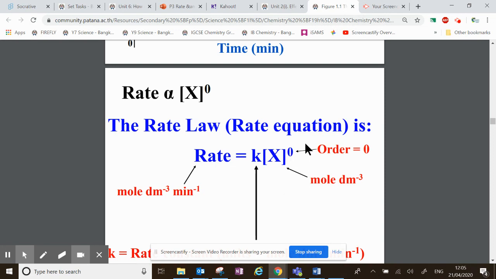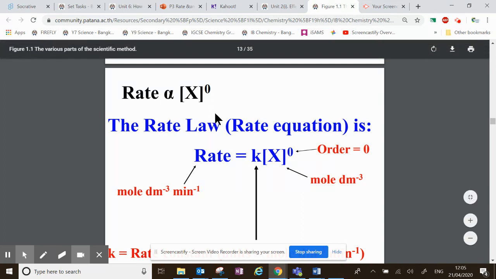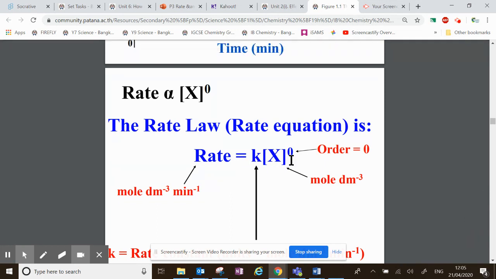In this case, rate is proportional to x to the power of 0. What does that mean? Well, if you take the numerical value of the concentration, whatever it is, raise it to the power of 0, what do you get? Any number raised to the power of 0 should give you a value of 1.